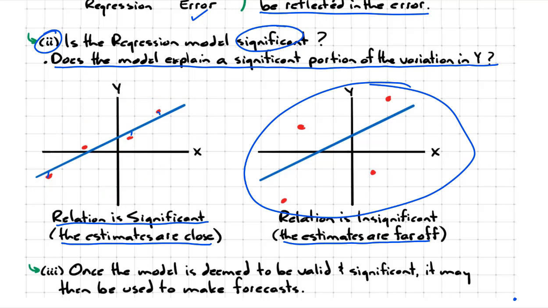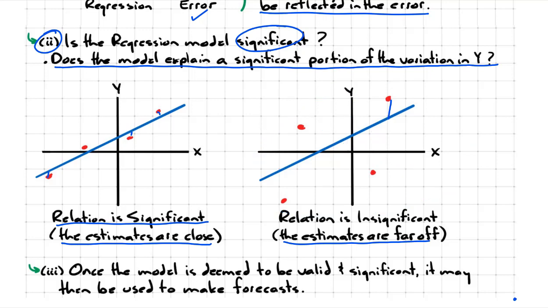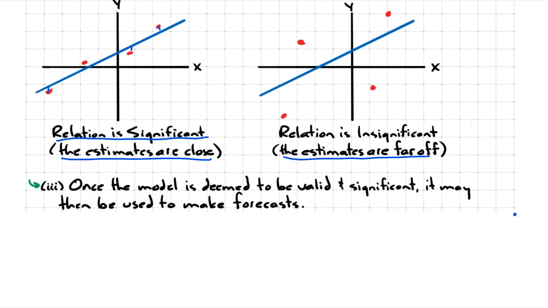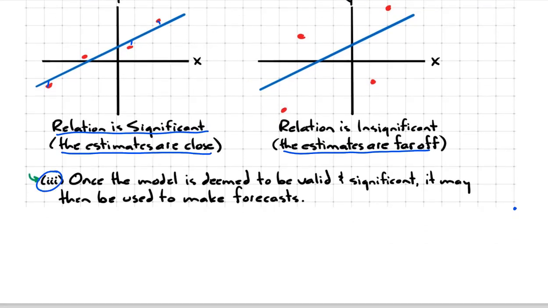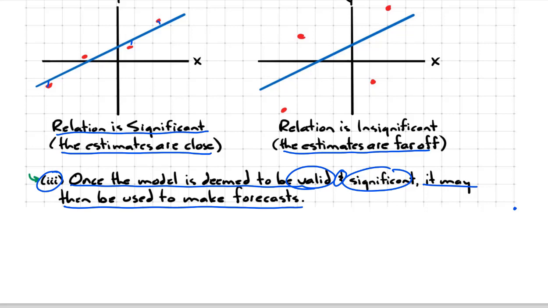In fact, this is making a lot of errors, right? So it's insignificant. I am not going to use that model because it's not significant. It's not doing a good job of explaining what's happening to the actual values. And 3, once the model is deemed to be valid and significant, then it may be used to make forecasts.